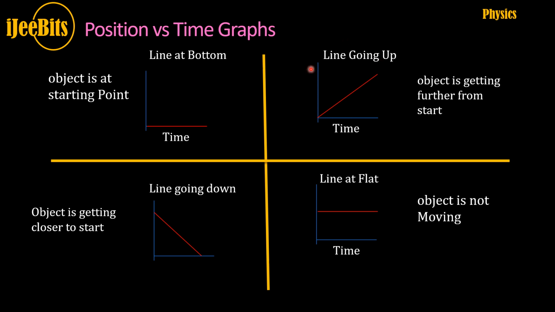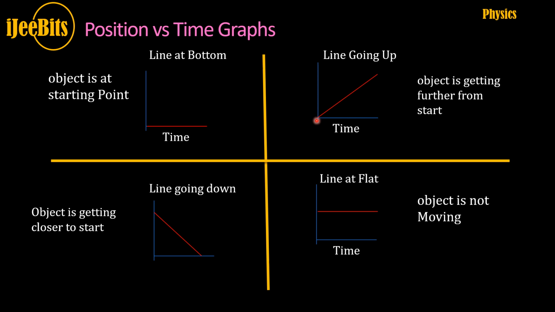Now look at this one. If you started moving from the starting position, time is increasing and x is also increasing. Let's say for example you are going to office from home. You are going away from home, time is increasing, and your distance from home is also increasing.